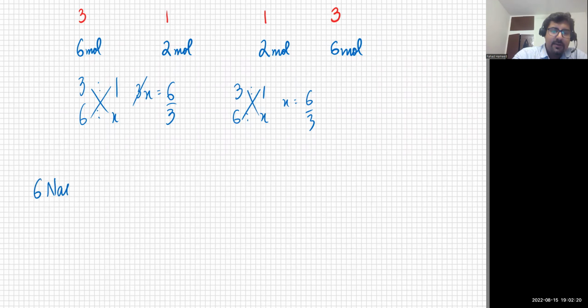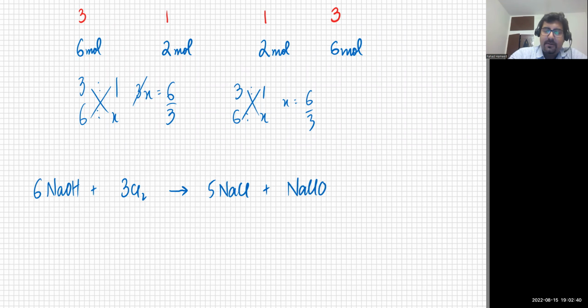It's 6 NaOH reacting with 3 Cl2s, and let's say the equation is already made for you, so you don't have to worry about the equation. So they're saying that 5 NaCl molecules are produced, and 1 molecule of this thing is produced, and there are 3 water molecules that are also produced. So the equation is already in front of you.